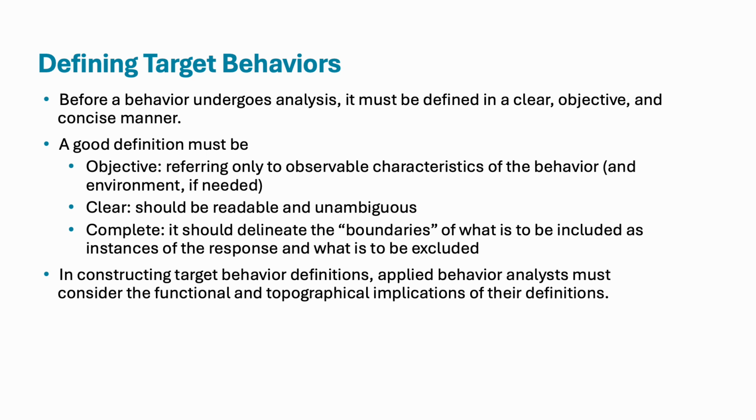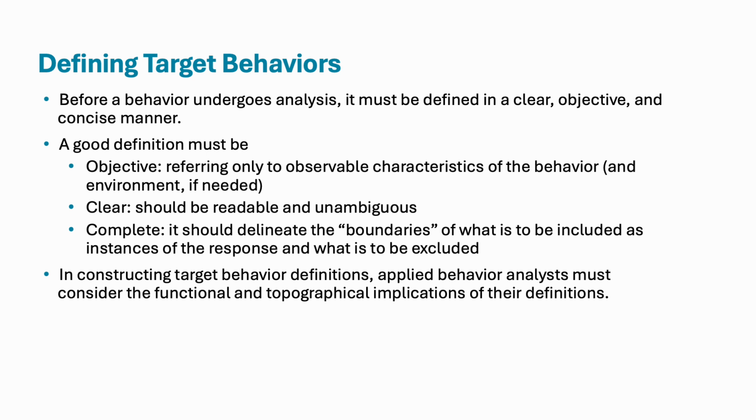And then finally, our definition should be complete. And for a behavioral definition to be complete, there are certain components that need to be included, such as information about when the behavior starts, when the behavior stops, what counts as a specific instance of the behavior and what does not count as a specific instance of the behavior.